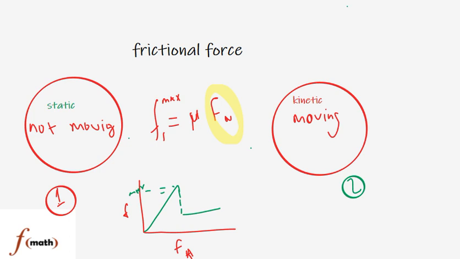So whenever you're writing on your paper, choose your formula wisely. Whenever the object is said to be not moving, you put your max there on your F and your S there. And whenever the object is said to be moving, there is no max here, there is no S there.